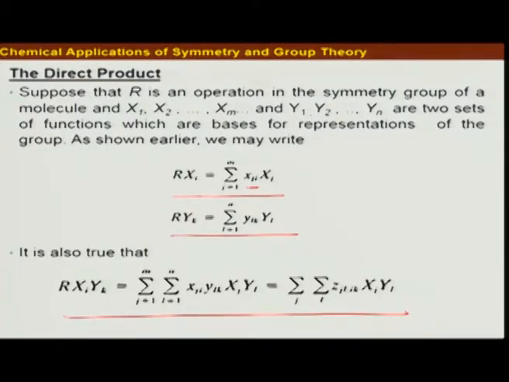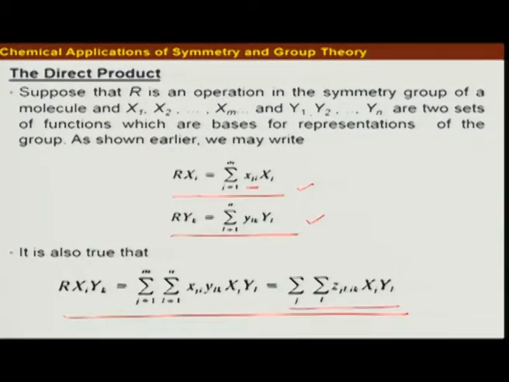This tells you that when you combine these basis functions x and y, and then operate the symmetry operation R on that, you get the result as this one, which is really not much different from the individual ones.